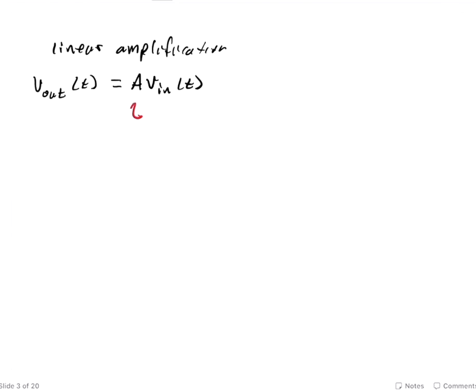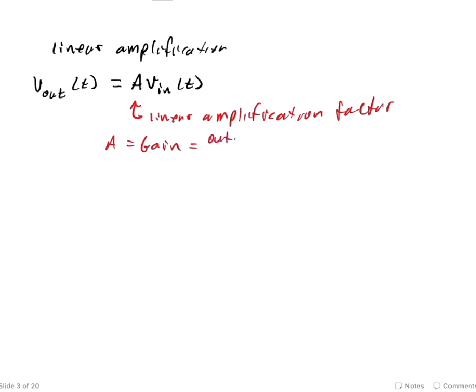And A is a linear amplification factor. We call that gain. And in general, gain is output over input.